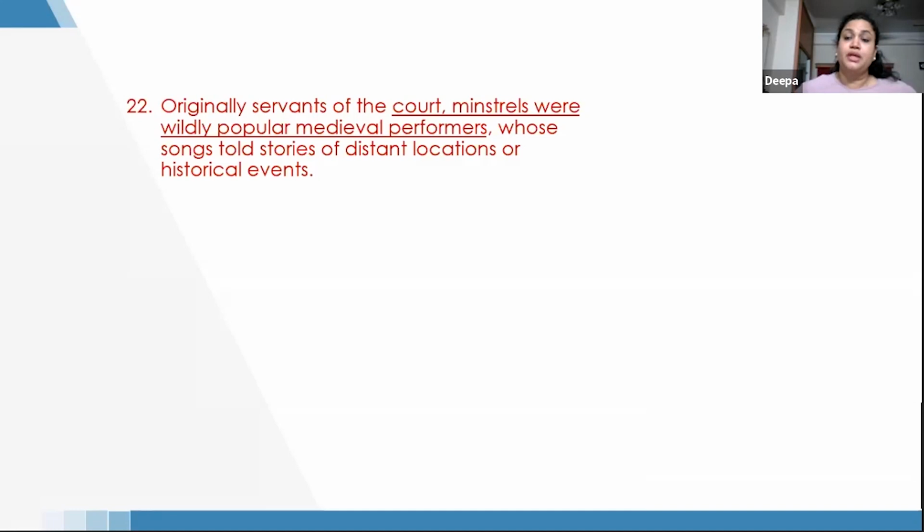So therefore, we are talking about the minstrels, were widely popular medieval performers. Now, when we are saying minstrels were widely popular medieval performers, that is additional information about the servants of the court. Therefore, no change should be the ideal option, but let's check the other options too.